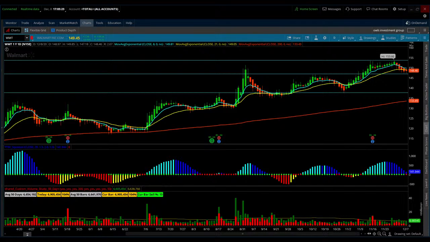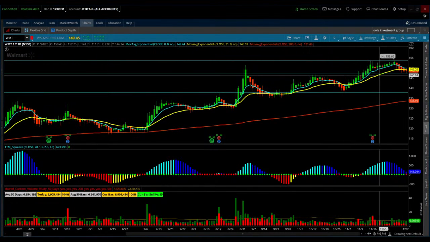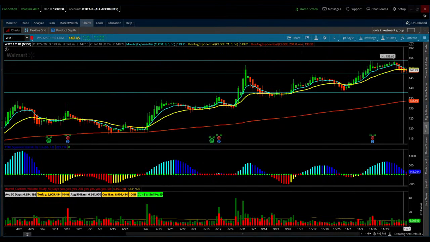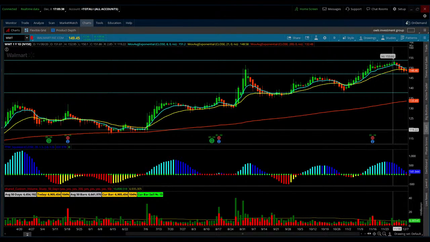The time frames that I use for the moving averages are the 8, the 21, and 200. When the 8 moving average crosses the 21 moving average, it's more likely to be bullish, right? The 21 crossing the 8 means that's bearish.